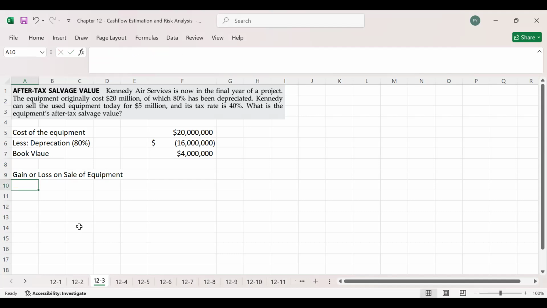We have the book value, and we have the cash, or the sales price. In fact, we have not actually received it, but the company mentioned that it can sell the used equipment, so it is the expected sales price, which is $5 million.